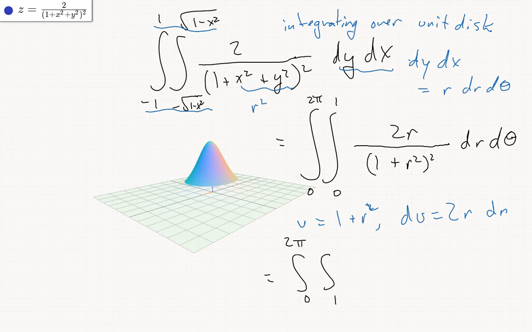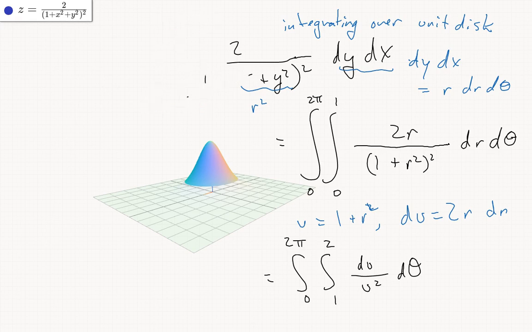So the bounds for u will be 1 plus 0 squared is 1, 1 plus 1 squared is 2, and then that's du over u squared d theta.